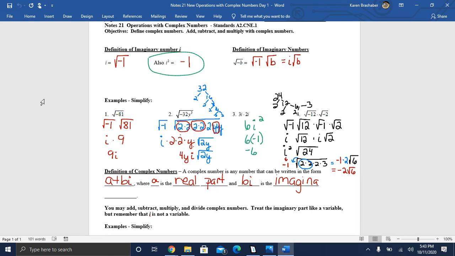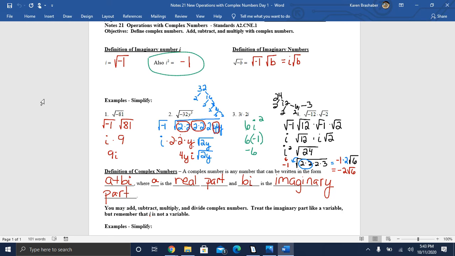Sometimes they'll say the imaginary unit. And so you can treat the complex numbers much like you would something with a variable when there's an i, but you do need to remember the i is not a variable.